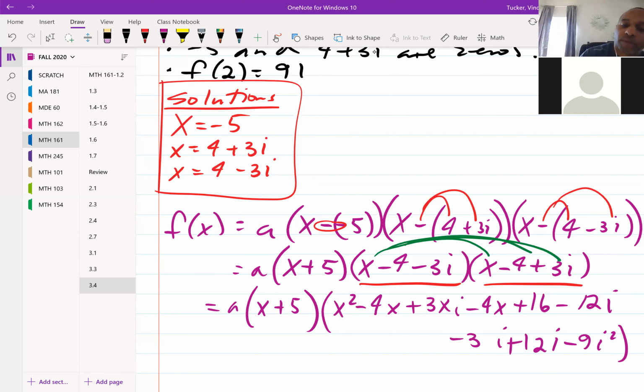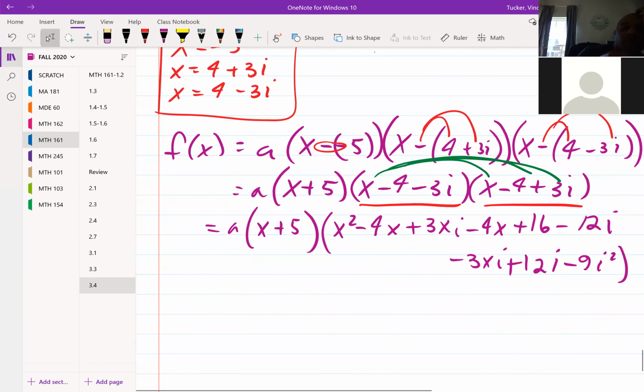So always make sure whenever you have something like this, you got your terms right and your signs right. So always pays to go back and look. So x squared -4x plus 3xi -4x plus 16 minus 12i -3xi plus 12i minus 9i squared.